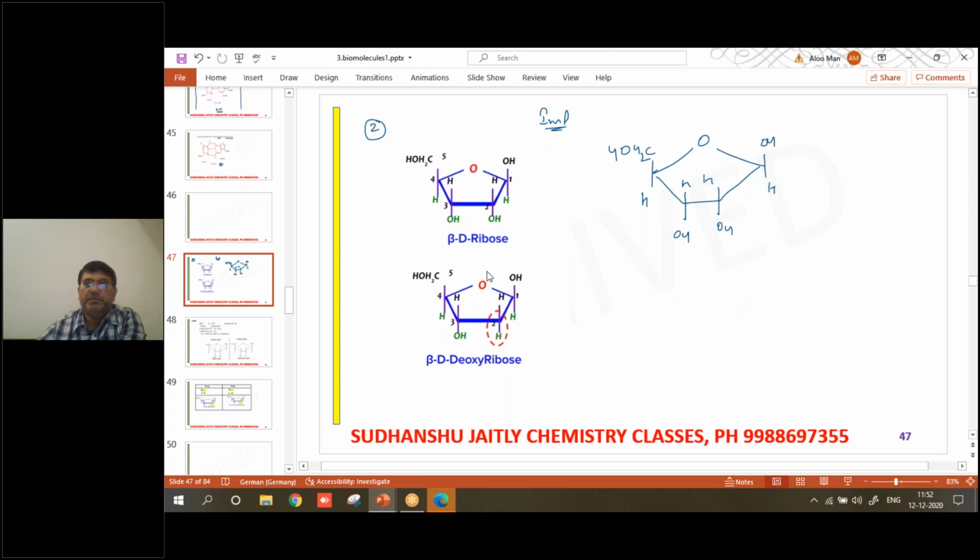Beta-D-ribose. Now this is going to be in RNA, the sugar is ribose. In DNA the only difference is that there is no oxygen, which is why you call it deoxyribose.